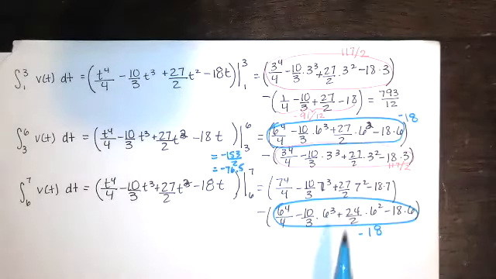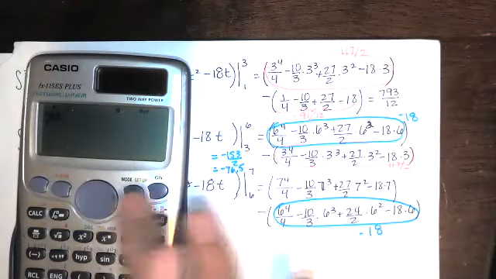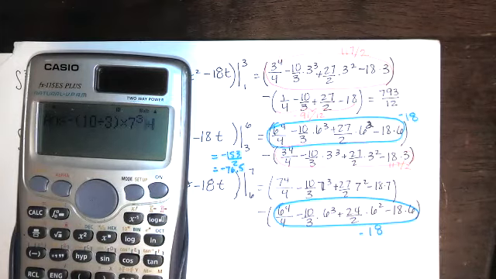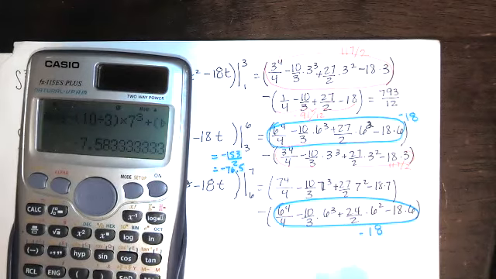Okay, so let's figure out what this is. I've got 7 to the 4th over 4. I'm subtracting 10 over 3 times 7 cubed. And I'm adding 27 over 2 times 7 squared minus 18 times 7. And I get whatever that number is.